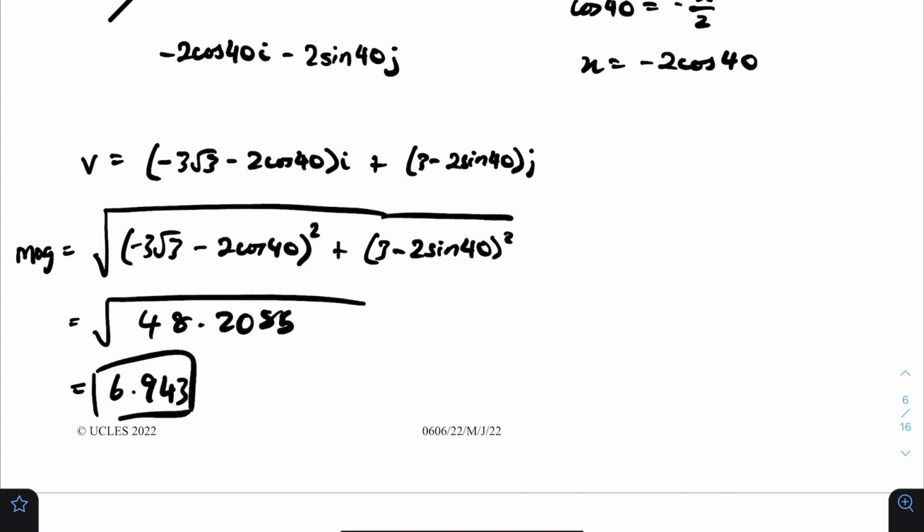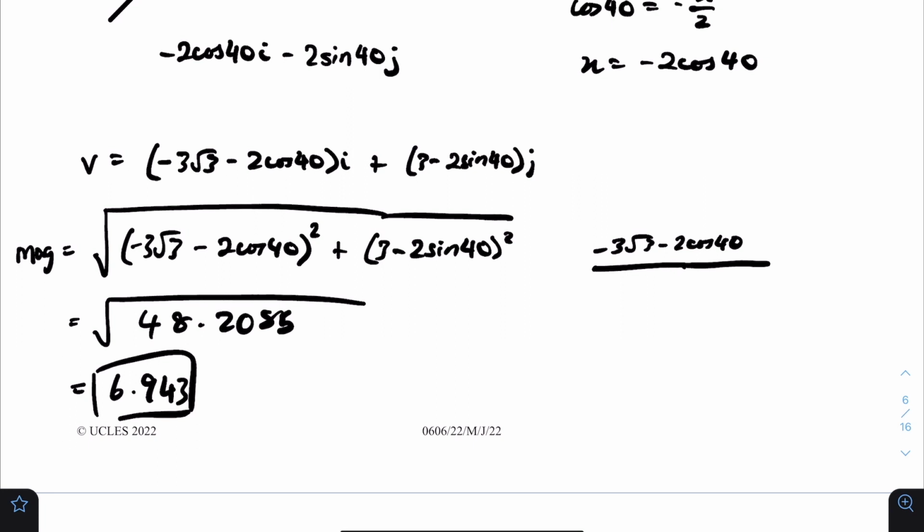So negative 3 root 3 minus 2 cos 40 is approximately negative 6.73. So we know that this is going to the left by negative 6.73. Let me just write that. But if you want to be specific, we can write negative 3 root 3 minus 2 cos 40. It's going to the left.